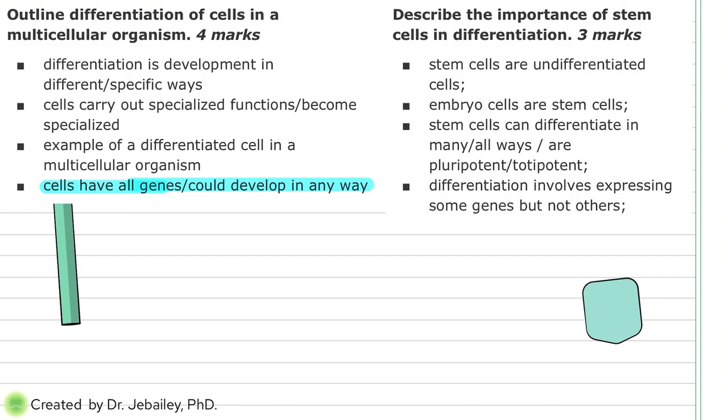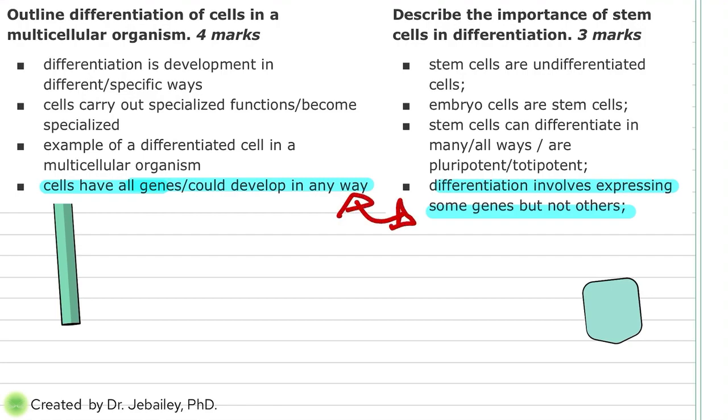So that means we know that all cells have genes, but depending on which environment that gene is exposed to, that's the expression it will have. That's what the gene is going to become. So it can be written this way, but in another way, and I still get points. On this side, differentiation involves expressing some genes but not others. These are very closely related.